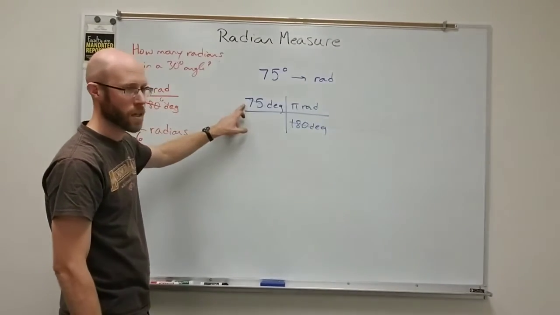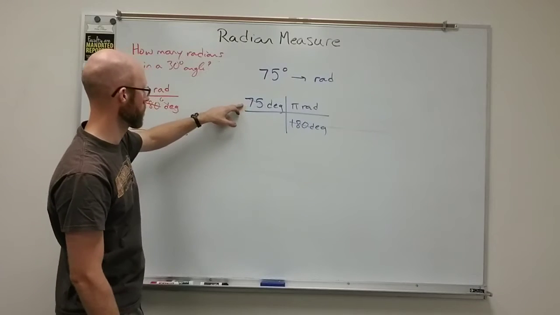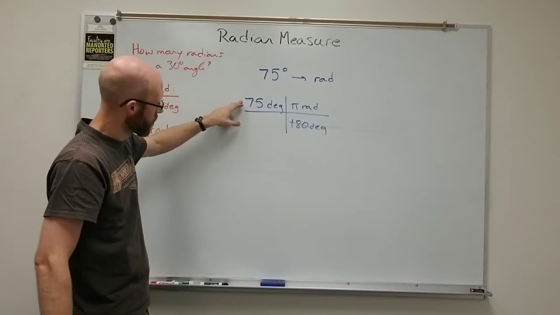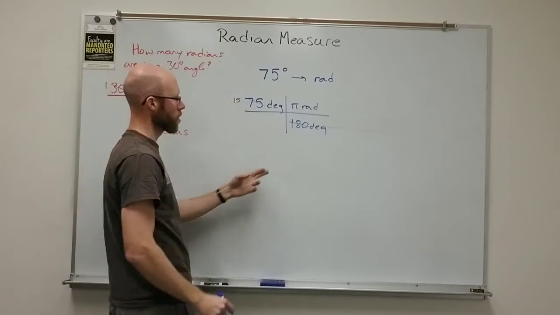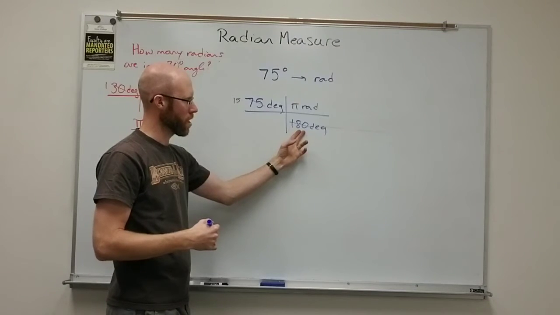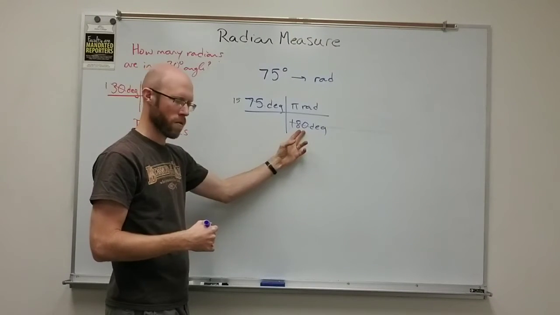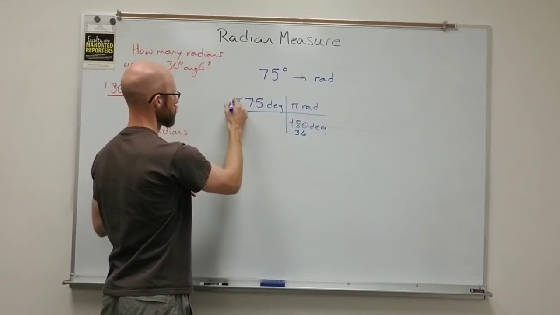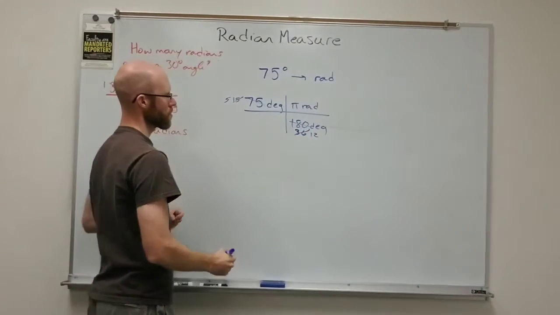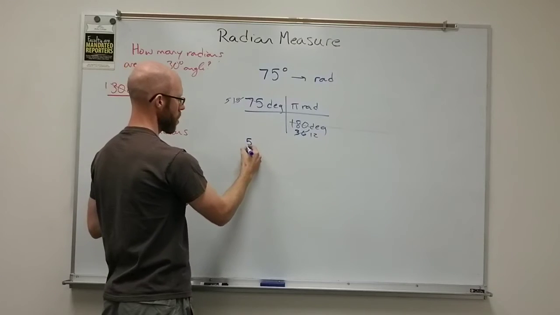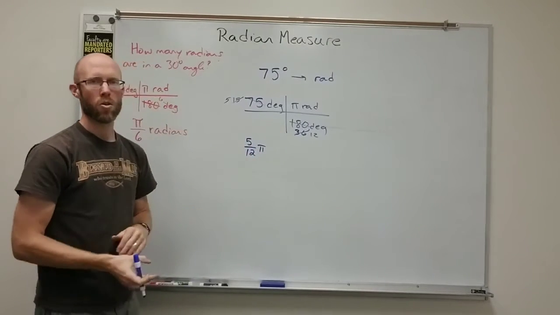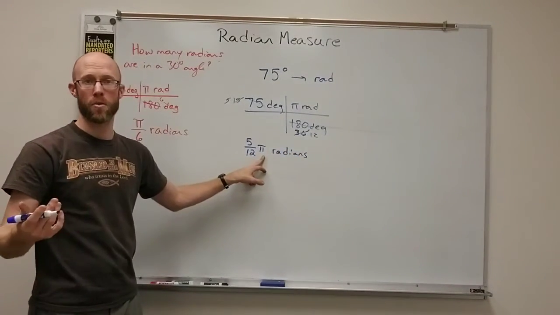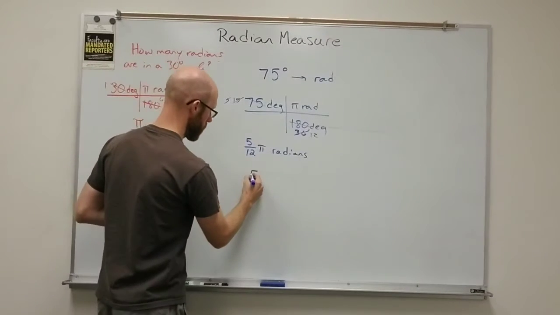Let's divide by 5 first. That would be 15, and 180 divided by 5 would be 36, and then you could divide both of those by 3, so that would be a 5 there, and that would be a 12, so it would be 5/12 pi. So you could call it 5/12 pi, but typically we put the pi on top, so it would be 5 pi over 12 radians.